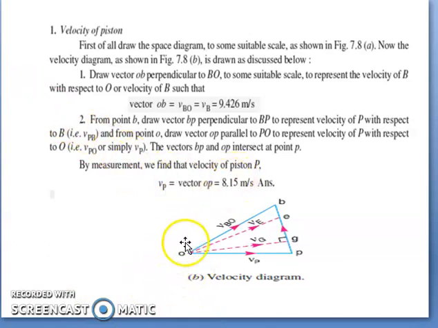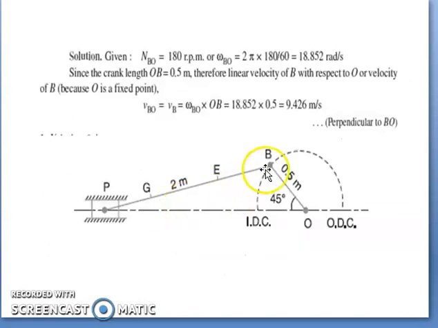With the given data, we will try to draw the velocity diagram. First, let us fix the fixed point O. After fixing O, we can mark the velocity of B with respect to O. We know the magnitude of VB is 0.9426 and it makes an angle of 45 degrees. Then we mark the velocity vector VPB, which is perpendicular to PB.